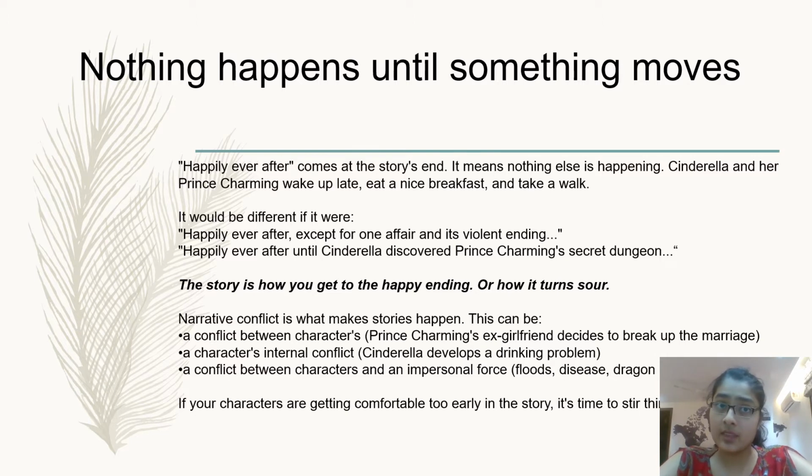This can be, again, we have a few examples here. A conflict, that's an argument between characters. Now this could be Prince Charming's ex-girlfriend decides to break up the marriage. Why not? Or a character's internal conflict. So this means the state of mind that they married in is not the same anymore, and they want something else now.